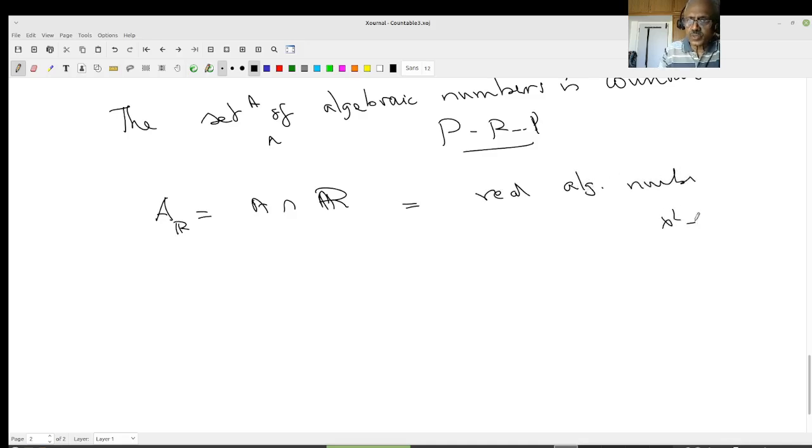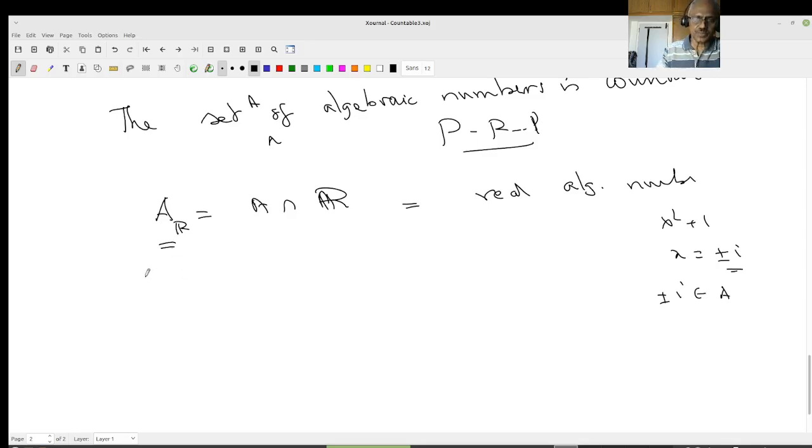For example, x squared plus 1, x equals plus or minus i. This is an algebraic number. Yes, plus or minus i belong to A, but that does not belong to AR. Do you understand the difference? I am taking only those complex numbers which are actually real, but which also are a root of a polynomial with integer coefficients. Is that clear? Try to understand what AR is.